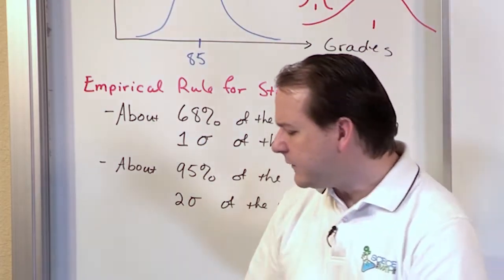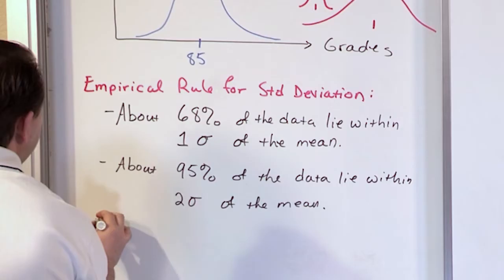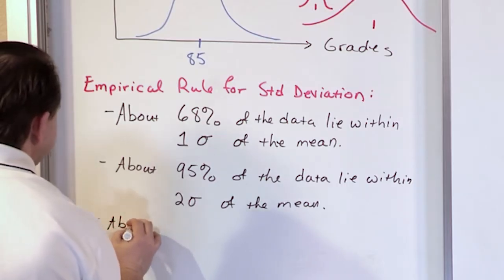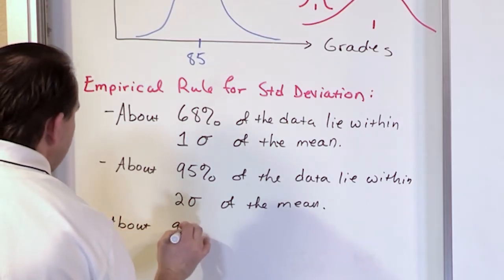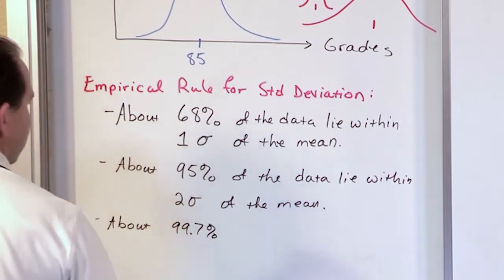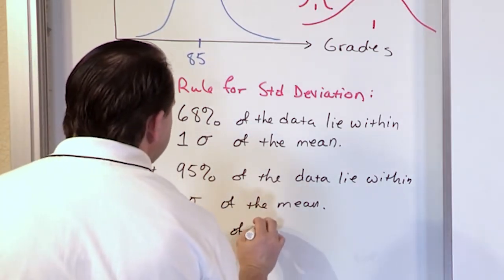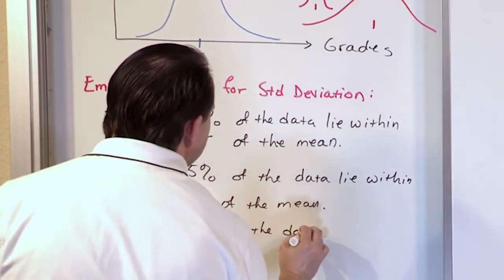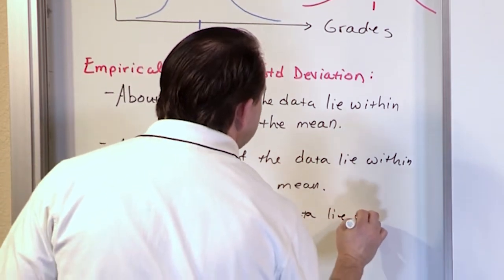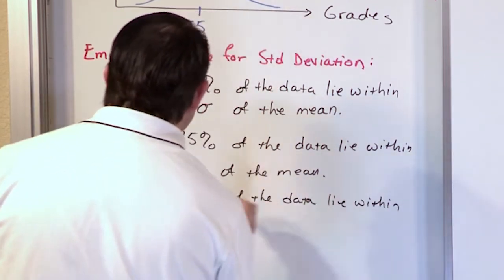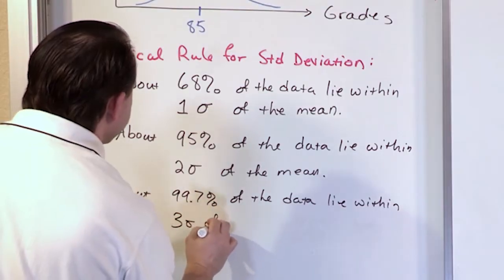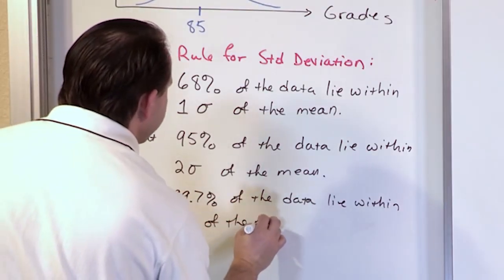And finally, we're not going to go any farther than this: about 99.7% of the data lie within 3 sigma of the mean.